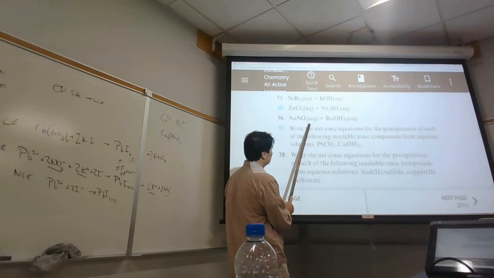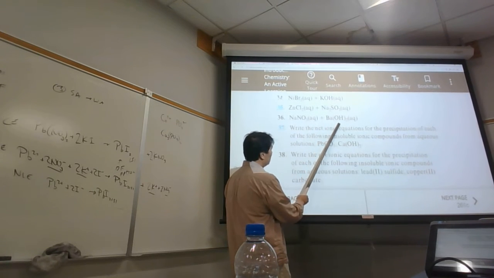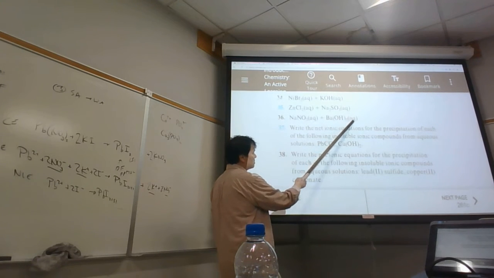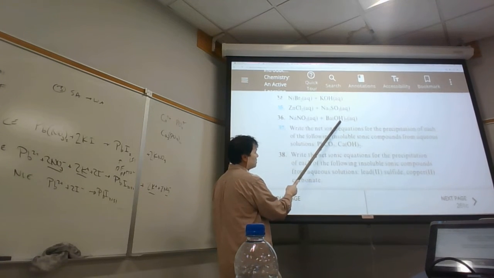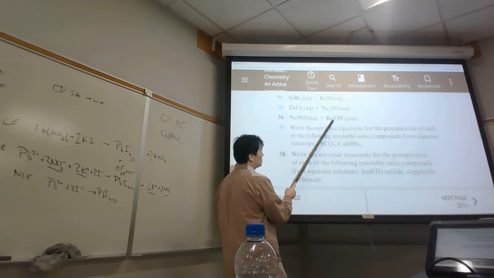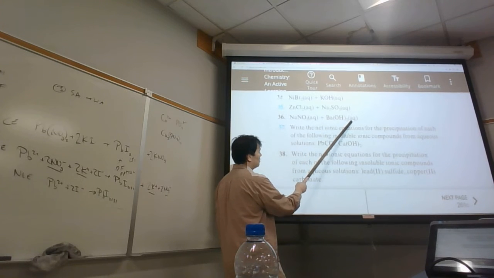Sodium nitrate and barium hydroxide. Hydroxides are insoluble, but this happens to be a soluble one. Hydroxides are insoluble except for which ones? Group 1, ammonium, and calcium, strontium, barium. So this is one of the exceptions on the hydroxide. So this is soluble.